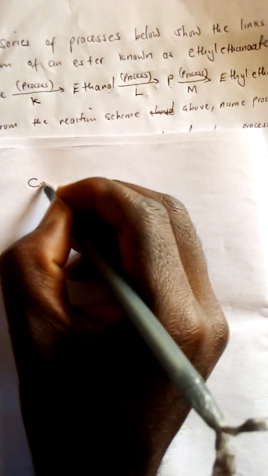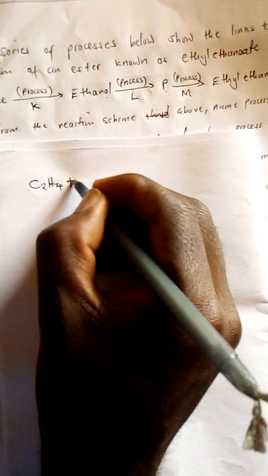Since ethene is written like C2H4 plus, since it is a hydration process, meaning we are adding water to ethene, which is H2O, what are we going to have?